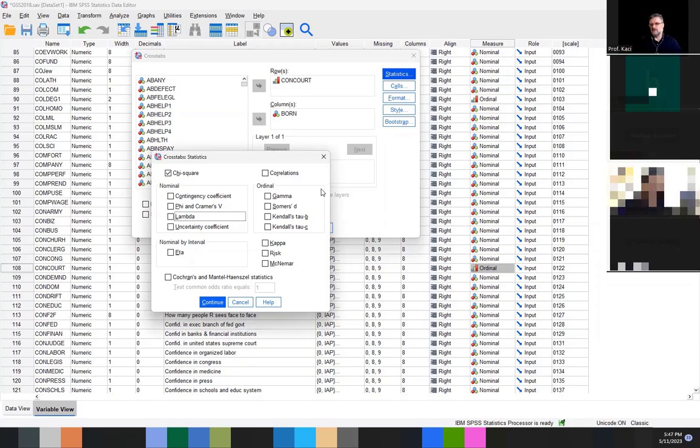Just say one. You have a 50% chance of reducing your error. Or guessing wrong. Okay. Lambda.